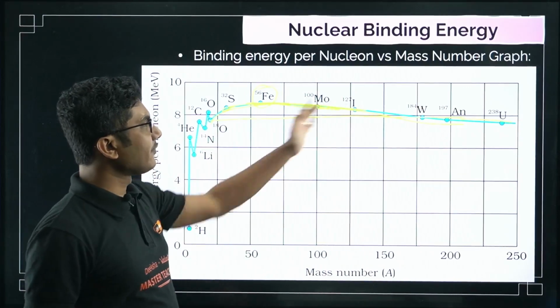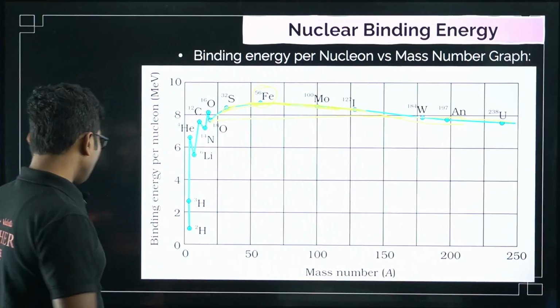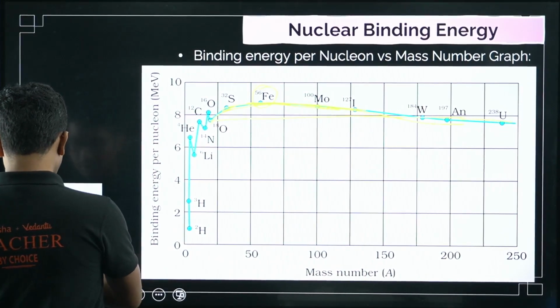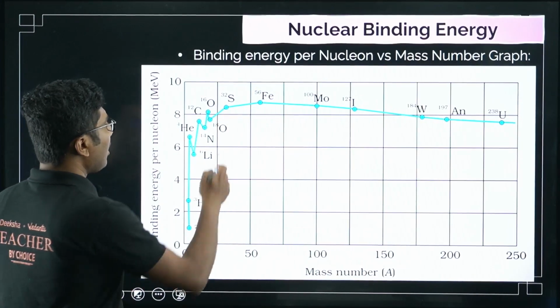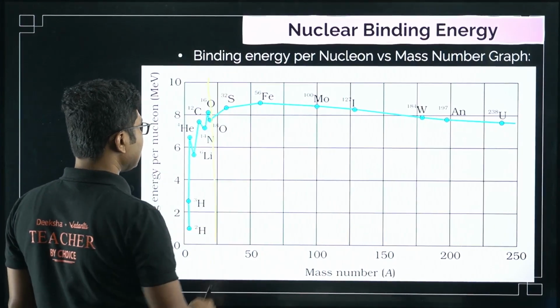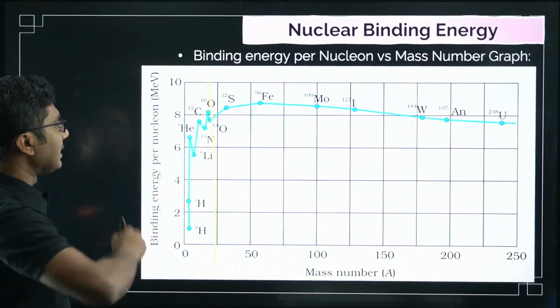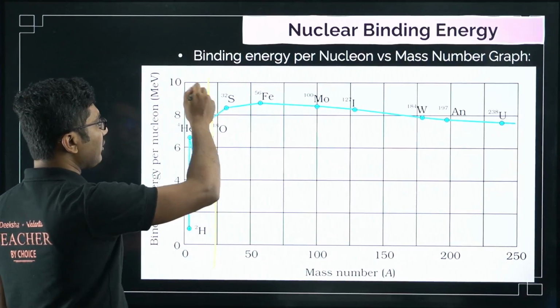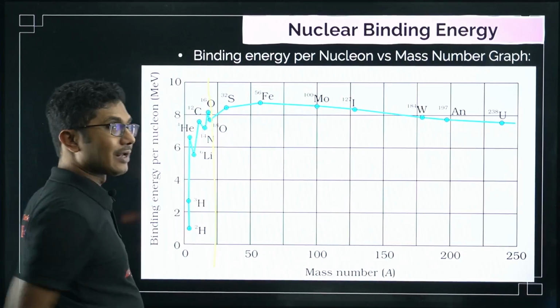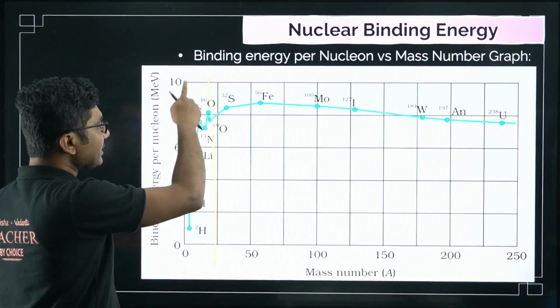So the binding energy graph is almost constant, but you have to note 2 things. What are those 2 things? First of all, the lighter nuclei have an average binding energy per nucleon far less than the higher mass ones, and it keeps on increasing.